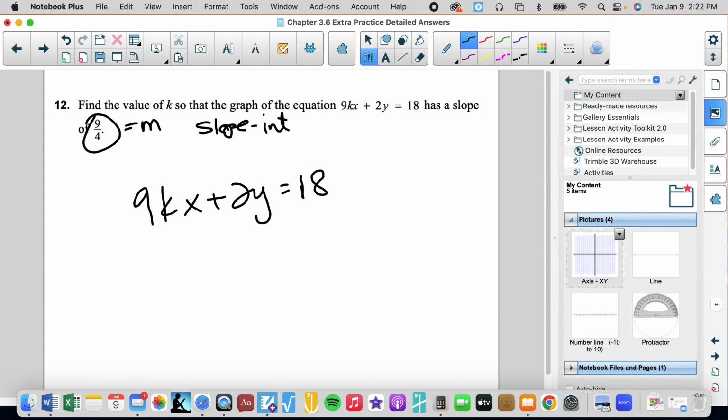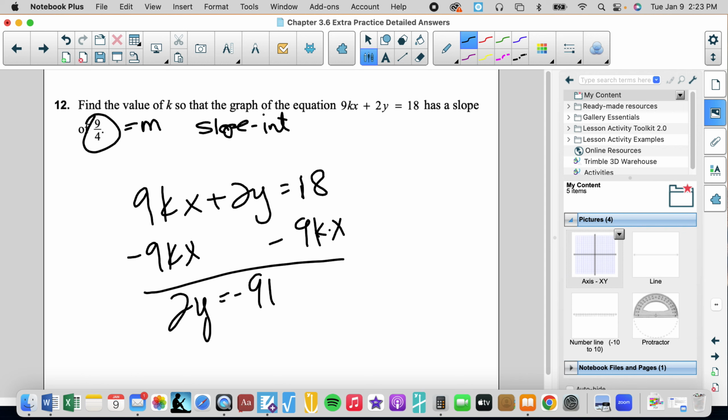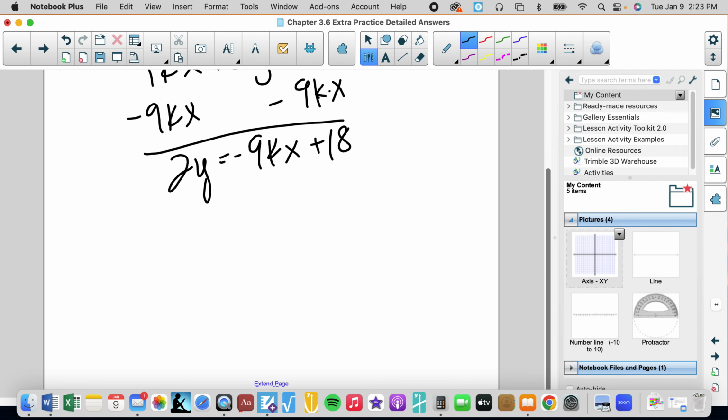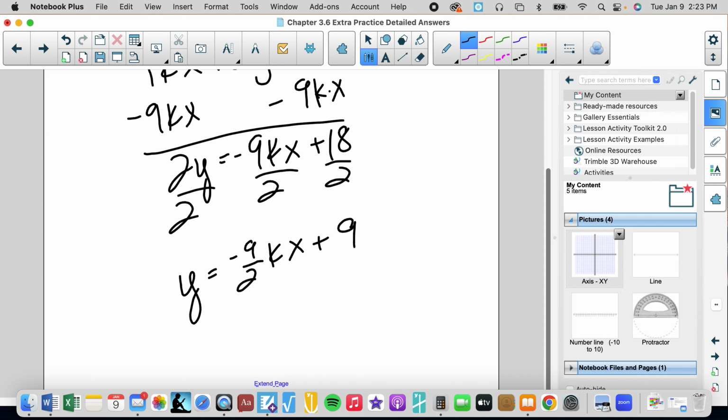So let's solve for y. We're going to subtract 9kx. We get 2y equals negative 9kx plus 18. We're going to divide by 2. We get y equals negative 9 halves kx plus 9.